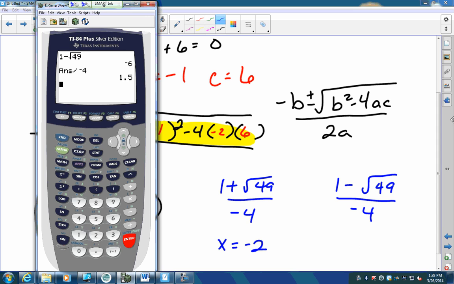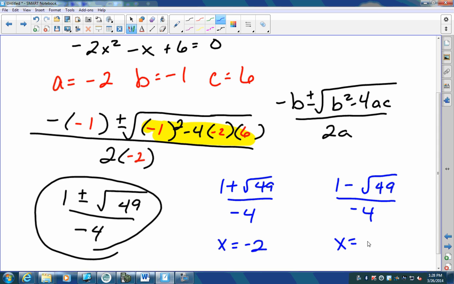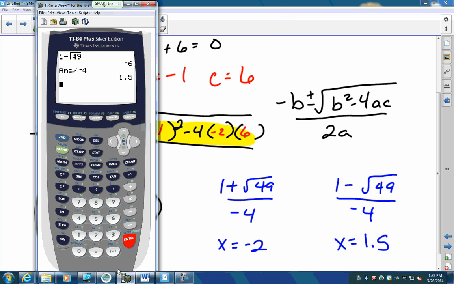So now this one is x equals, whoa, what was it, 1.5? Or was it negative? You should have put 1 minus the square root of 49, got negative 6. Divided by negative 4, you should have gotten 1.5.